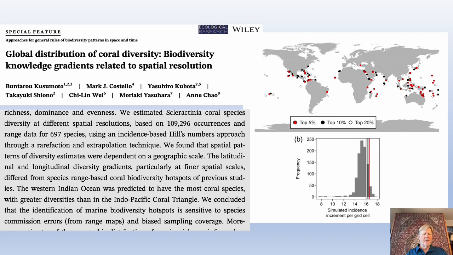The paper here evaluated a large amount of this distribution data, and they came to the conclusion that the Western Indian Ocean had been undersampled and maybe one of the high biodiversity centers in the world, but it's difficult to know due to the undersampling problem.